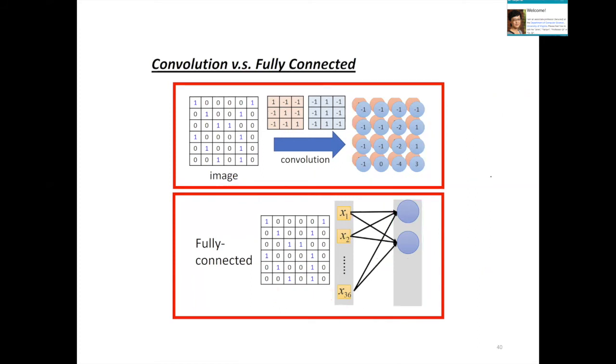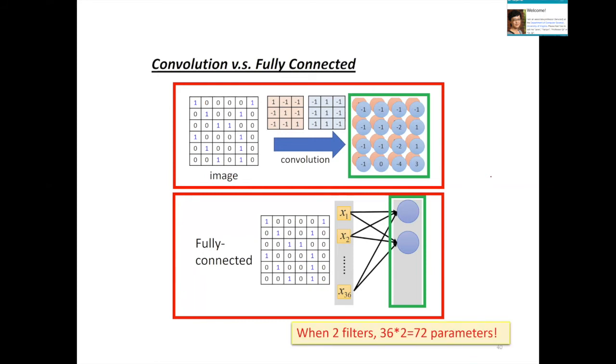All right, to summarize, the convolution way uses only 3 times 3 times 2, that is 18 parameters. For the fully connected multilayer perceptron way, assuming we have 2 filters, means the same thing as above: we try to generate 2 different kinds of outputs, so channel 2, the same as the previous figure.